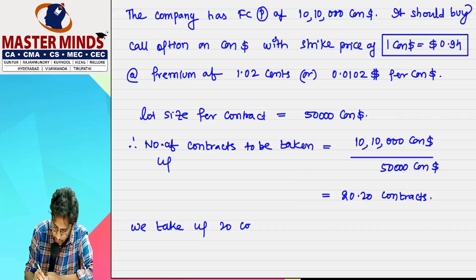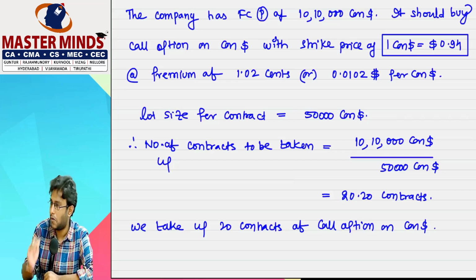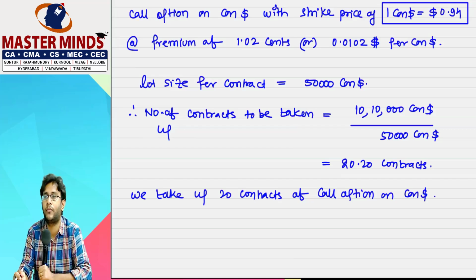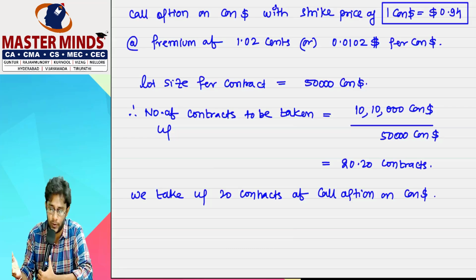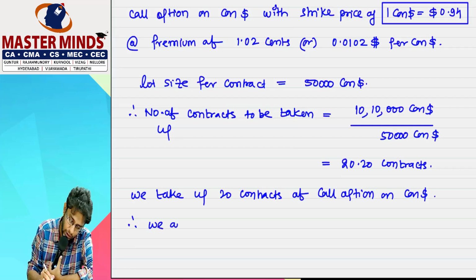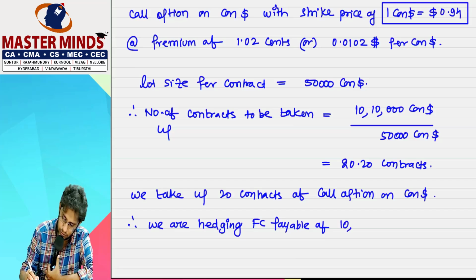Next line. We take up 20 contracts of call option on CAN dollar. Sir, 20.20 is not possible, so I took 20. But if you take 20 only, what will happen is, therefore we are hedging FC payable of 10 lakhs only.